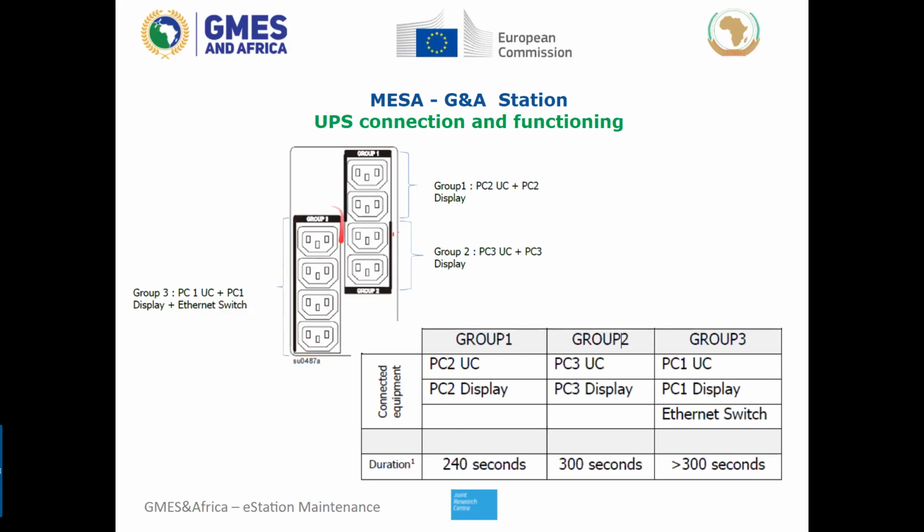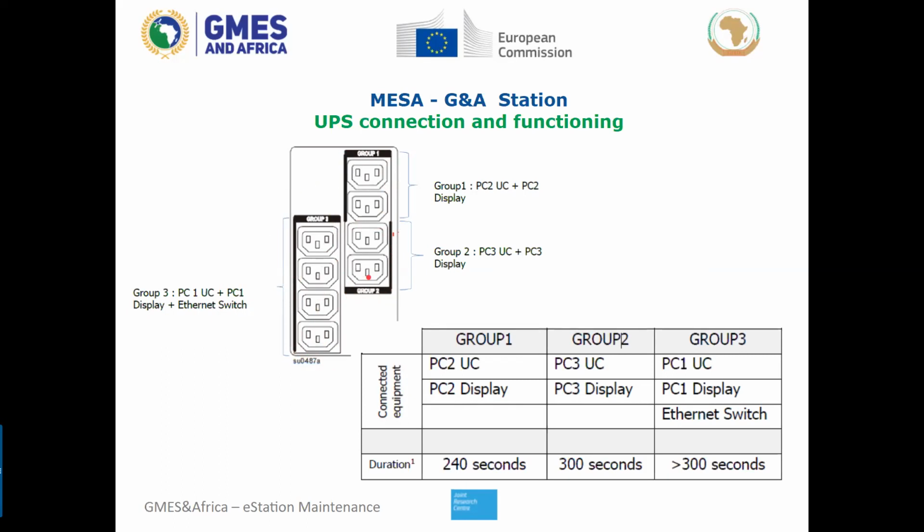Group 3 is a very important part of the Mesa station functionality. Then in group 1 you should insert the PC2 monitor and PC2 CPU, and in group 2 you insert the PC3 monitor and CPU. So this is how it has to be inserted.